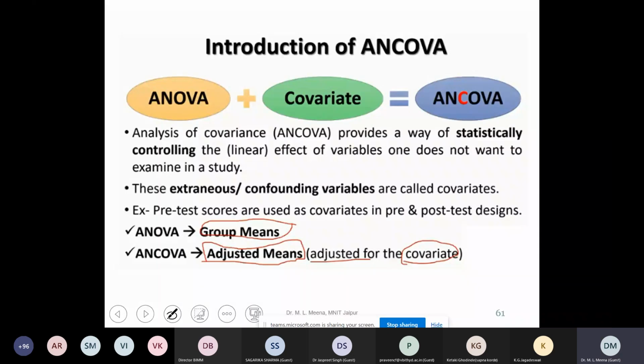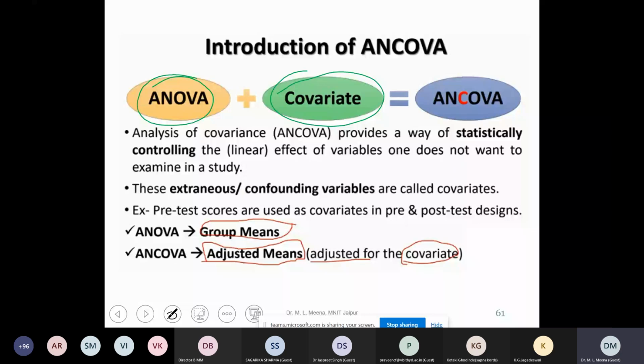According to the name, ANCOVA is ANOVA plus covariance. So this is the COVA and ANOVA.